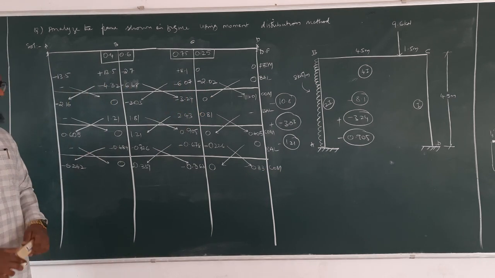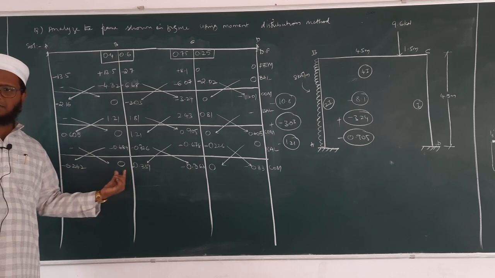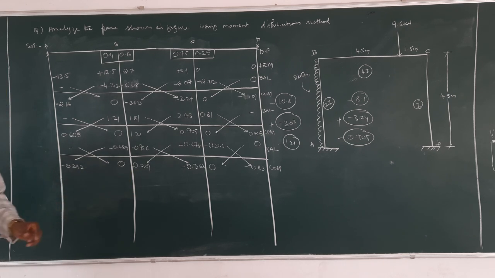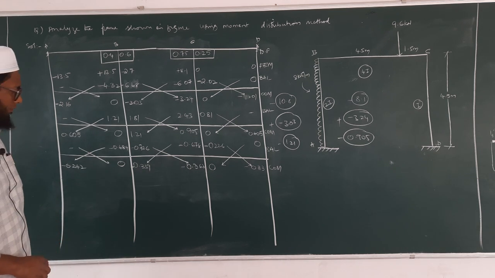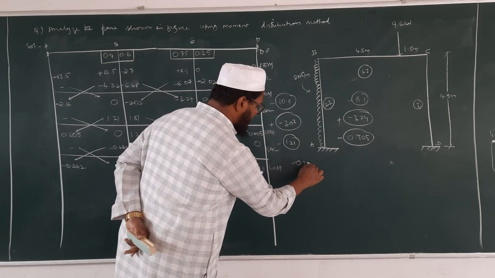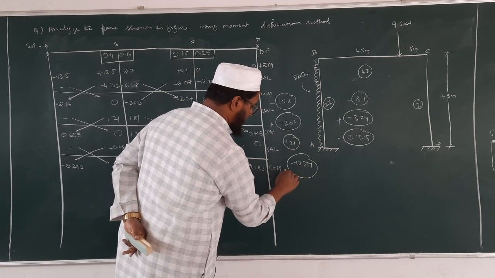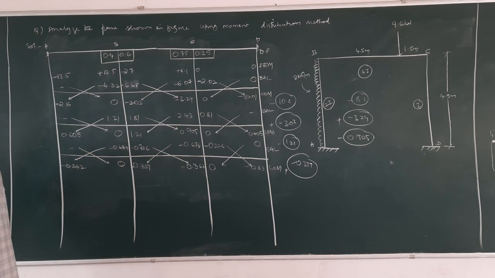Now again if you see here, after the carryover moment there is slightly something we have to do again so that we can get 0.0, right? So again do this one, balancing. So minus 0.339, we'll make it positive. 0.1356.